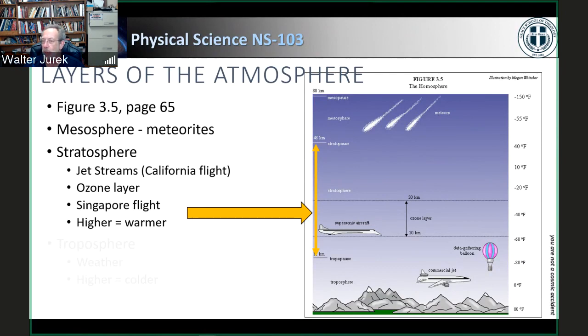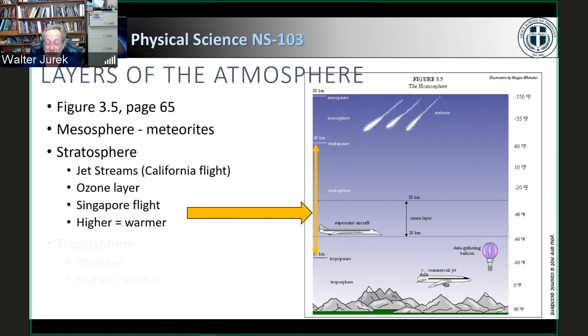What was interesting was the path of the jet stream that day was providing basically a 300 mile per hour headwind for our flight. Without wind, typical commercial jetliners are up around 500, a little over 500 miles an hour. Well, if you've got a 300 mile an hour headwind, you're actually only going 200 miles an hour, which means you're still burning the same amount of gas, but you're not covering the same distance.